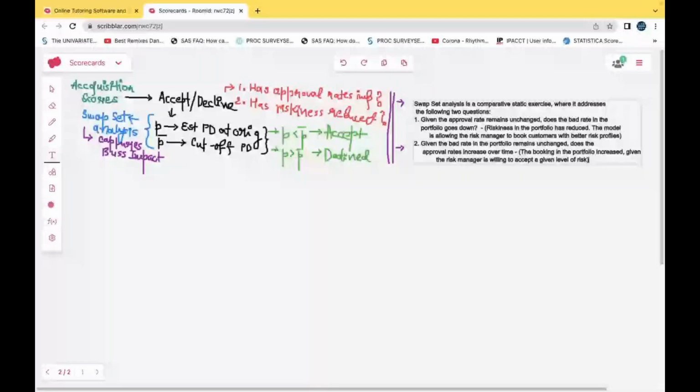right? Now from the accept decline exercise, there are two things that need to be kept in mind. When I'm taking this accept reject decision, there are two ways of accepts or declines. One is a score accept reject.